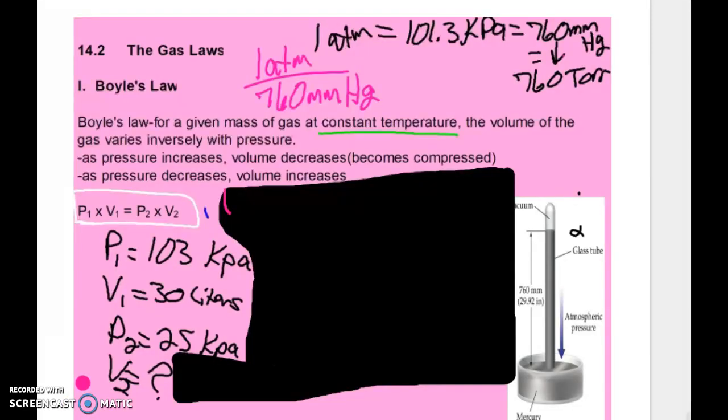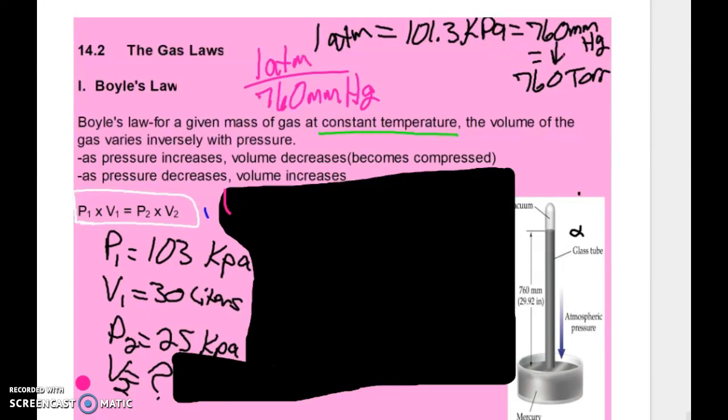The first gas law that I want to talk about is called Boyle's law. Boyle's law says that for a given mass of gas at a constant temperature, so we're not changing temperature, the volume of the gas varies inversely with pressure. Inversely means opposite. That means if we increase the pressure, the volume is going to decrease. That makes sense because we could take a balloon and if we compressed hard enough, we could squish it into a container that was smaller than that original balloon.